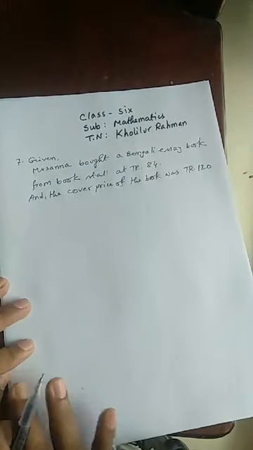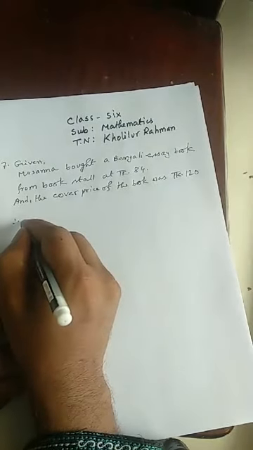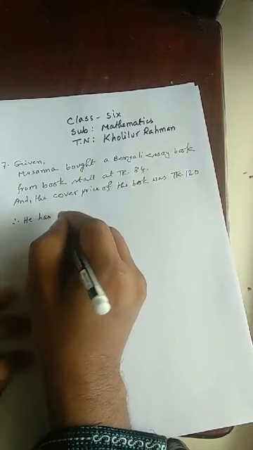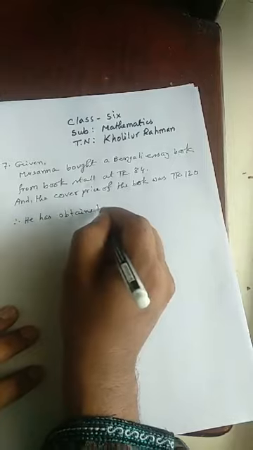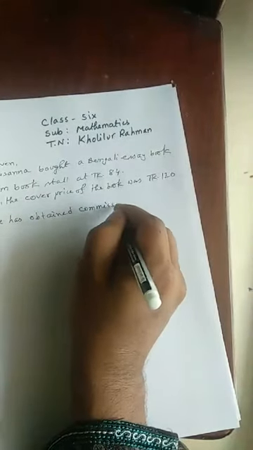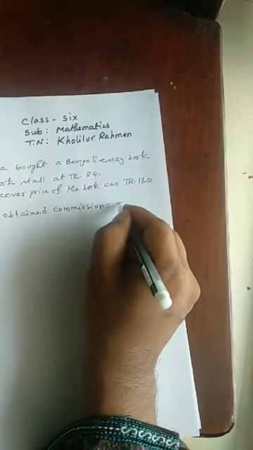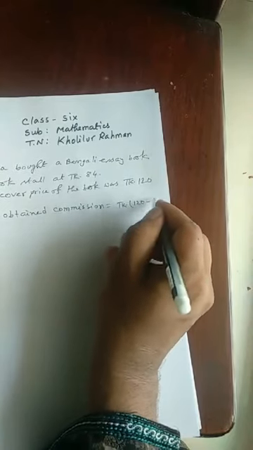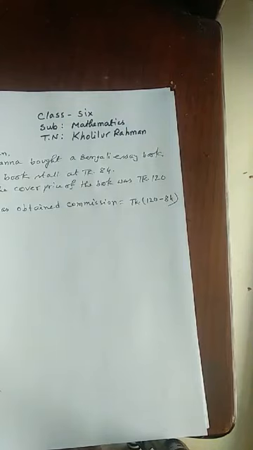So the commission he has obtained equals to Taka 120 minus 84. Taka 120 minus 84, it will be what?